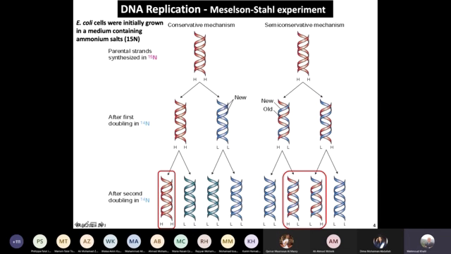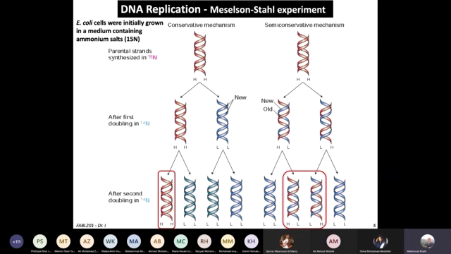So the characteristic pattern of DNA that characterizes the semi-conservative mechanism is the presence of a double strand composed of a heavy strand and a light strand, while the characteristic DNA of the conservative method is the presence of a heavy double strand.